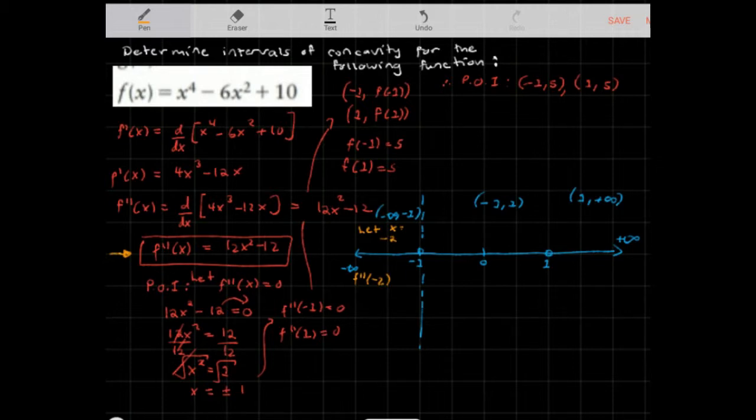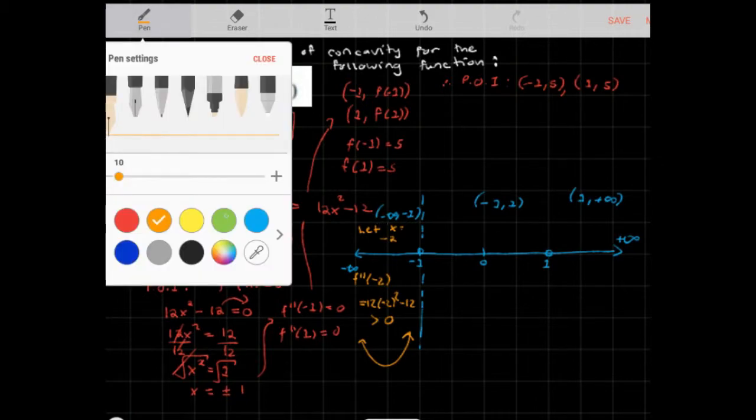So f double prime of negative 2 is 12 times negative 2 squared minus 12, which is 48 minus 12, which is greater than 0. So if f double prime of negative 2 is greater than 0, this is going to be concave up. So between negative infinity and negative 1, it's concave up.